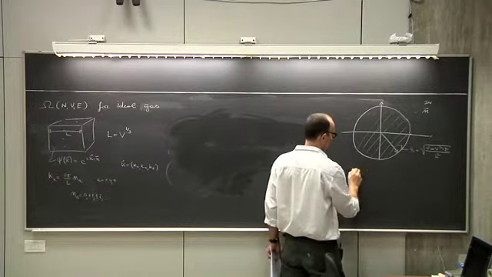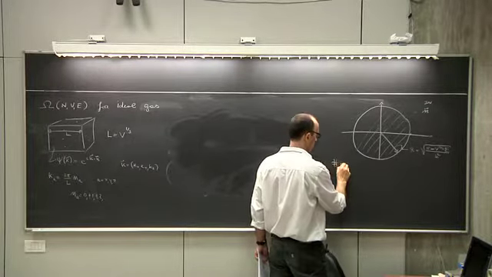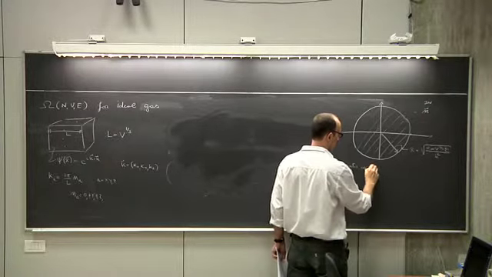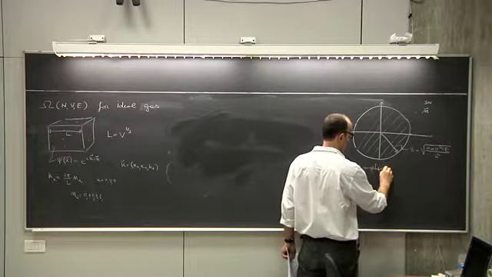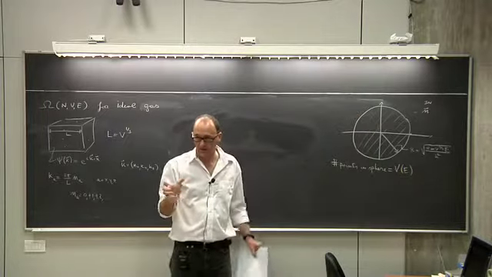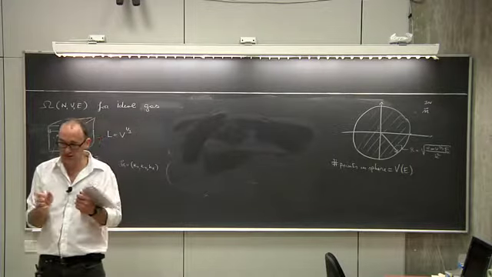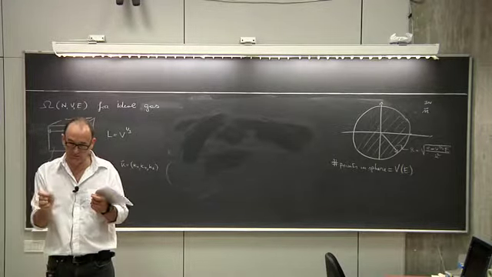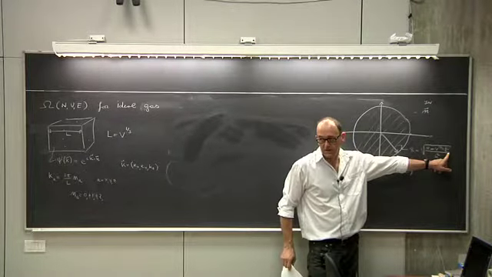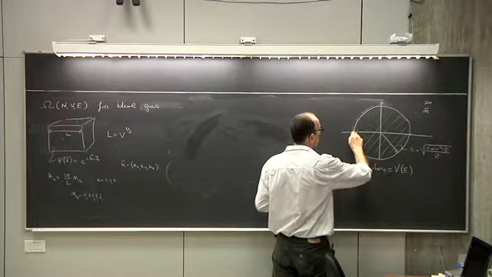Let this number of points in the sphere be V of E. Then the number of points on the surface will be related to the derivative of the volume with respect to E. If I increase the energy, this sphere will get a bit larger.